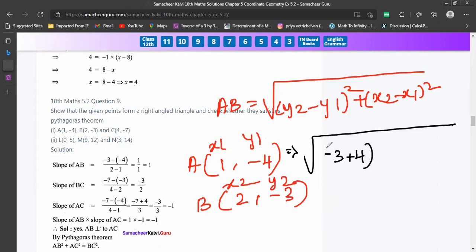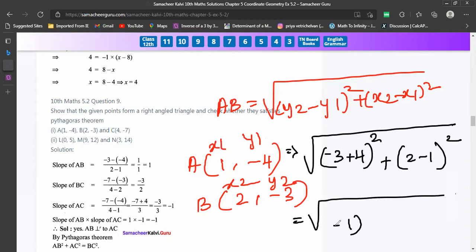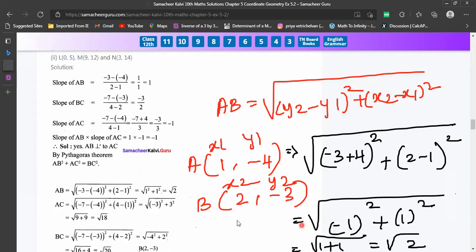So minus of -4 will become +4. x2 minus x1 the whole square. x2 is 2 and x1 is 1. So it will be -1 the whole square plus 1 square. Square root of what plus 1? It will be square root of 2. So that is your AB.